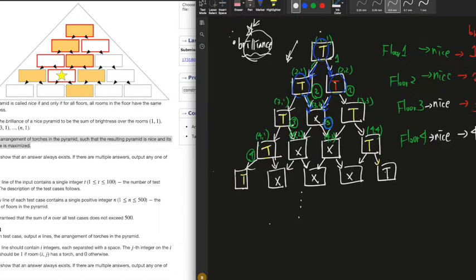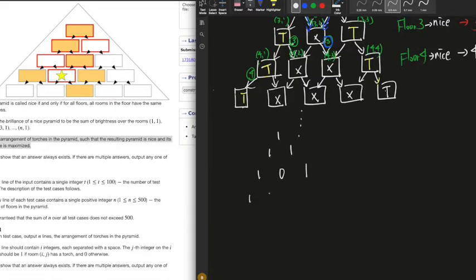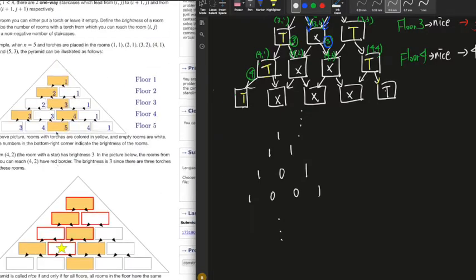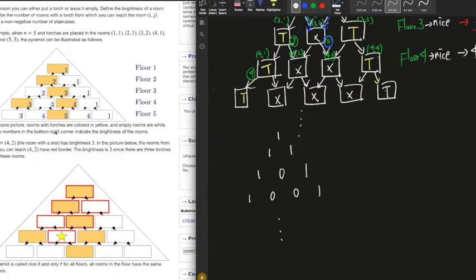We only need to print like 1, 1, 1, 0, 1, 1, 0, 0, 1, and it goes on and on. Yeah, that's the rule for solving problem B.